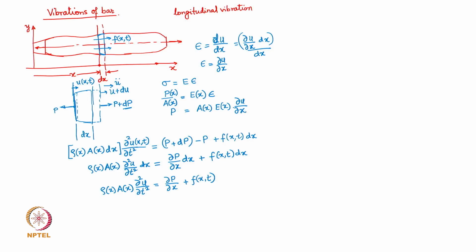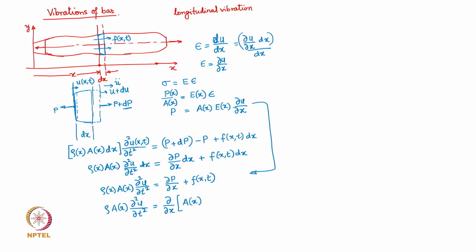right? Now I would use this expression in this expression, and dropping x from the rho term, I have rho A(x) partial squared u by partial t squared equal to partial x of P. P is A(x) E. I can still retain A as a function of x because the bar is assumed arbitrary.